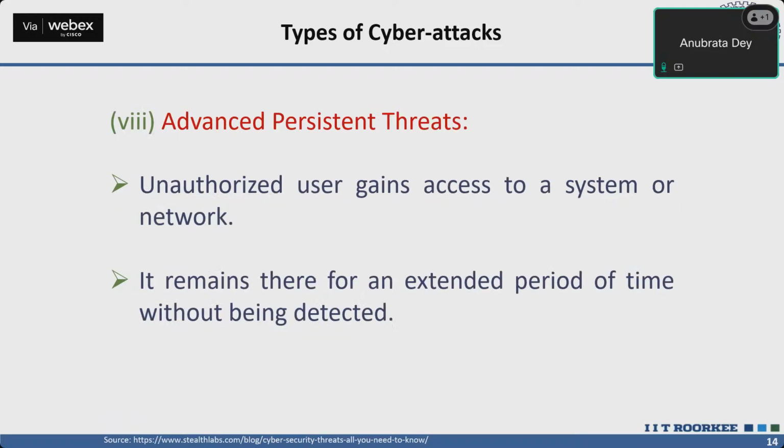The next type of attack is known as the advanced persistent threat type of attack. Here also some unauthorized person, whom we can call the attacker, tries to modify or get access to the system.